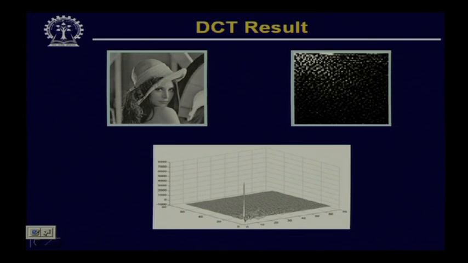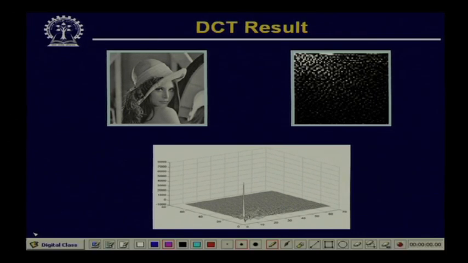The results are shown in two forms. The first figure shows the coefficients in the form of intensity plots in a two-dimensional array, whereas the third figure shows the same coefficients plotted in the form of a surface in three dimensions.